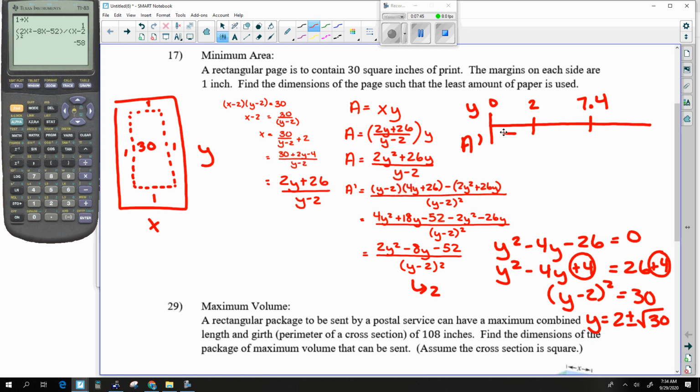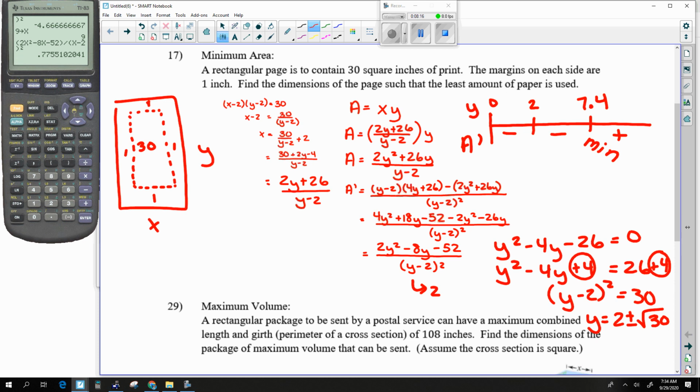Okay, a number in between 2 and 7, like 5 or something like that. Negative. And then bigger than 7. Positive. Okay. So this is a minimum right here. It's a minimum. That is what we're looking for.